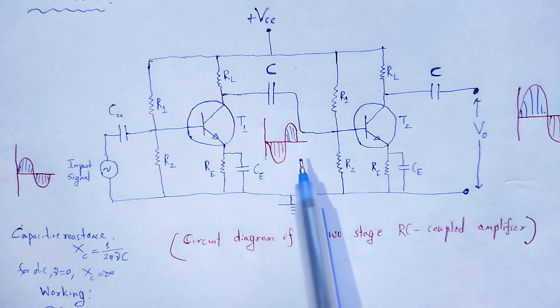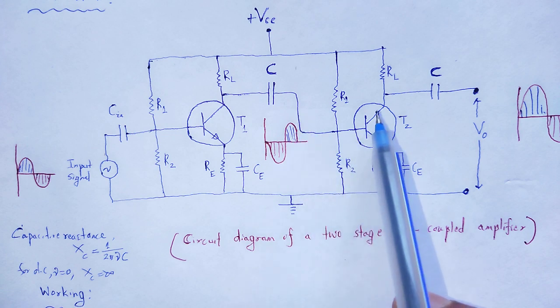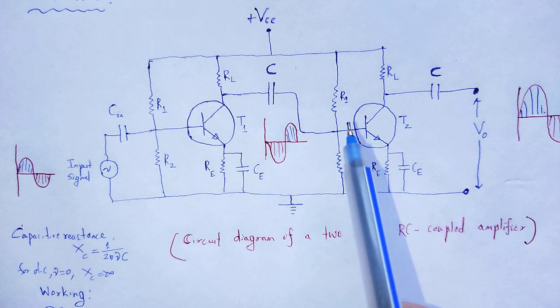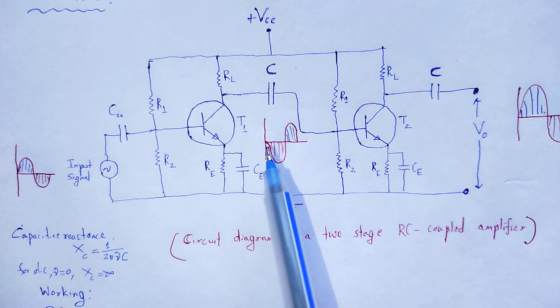As a result, voltage gain and power gain are highly influenced. Low voltage gain and power gain are achieved. That is a disadvantage of the RC coupled amplifier.